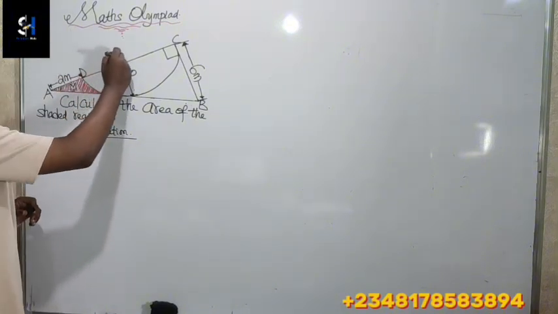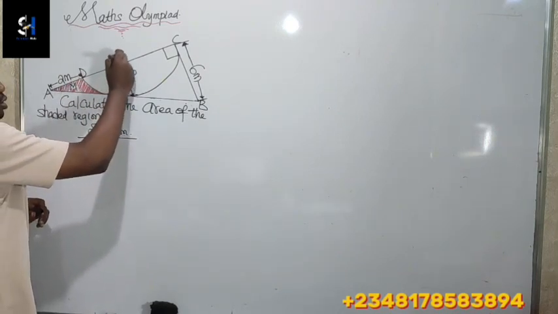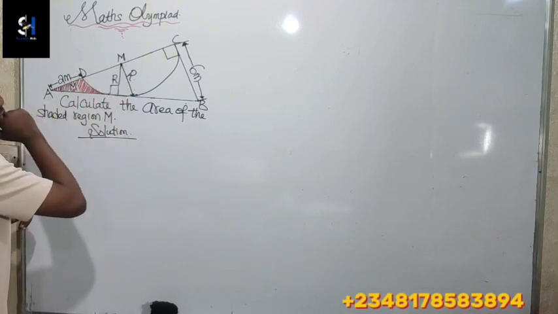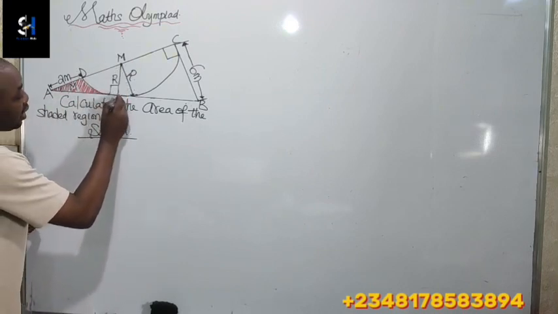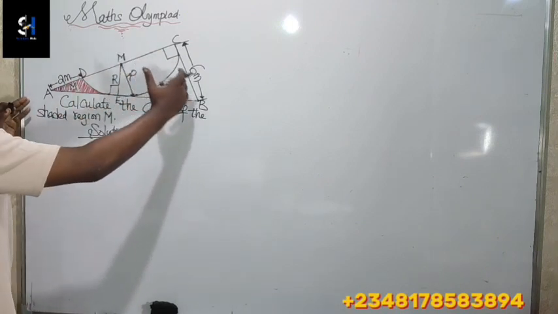Let's say this leg of the new right triangle is ME. So we now have two right triangles.